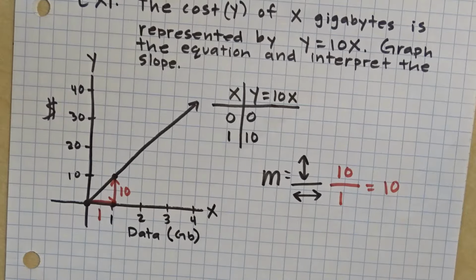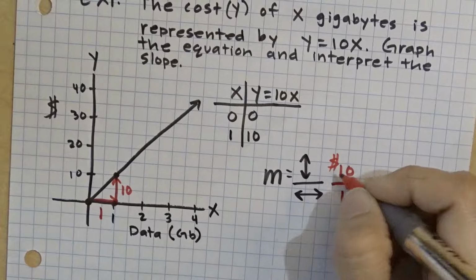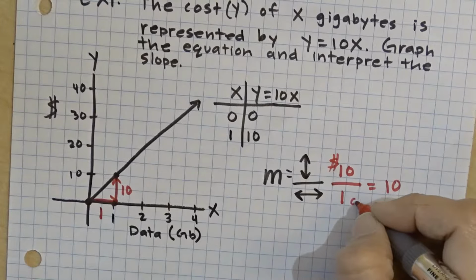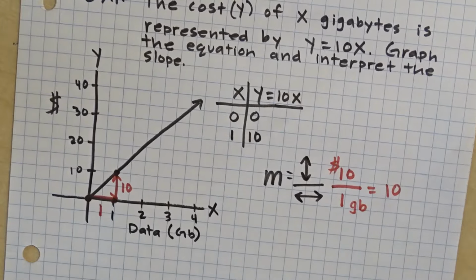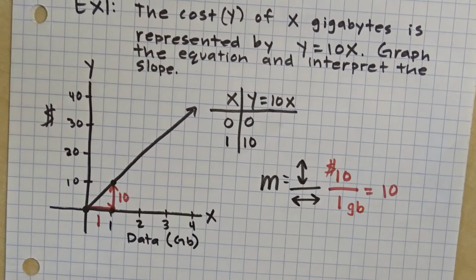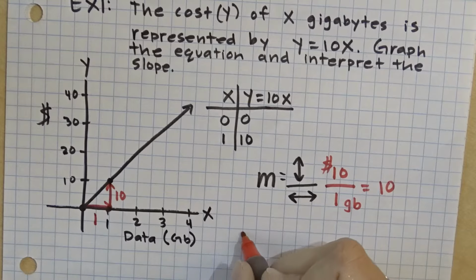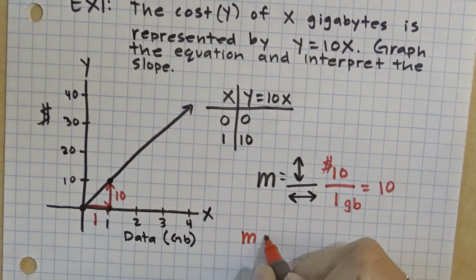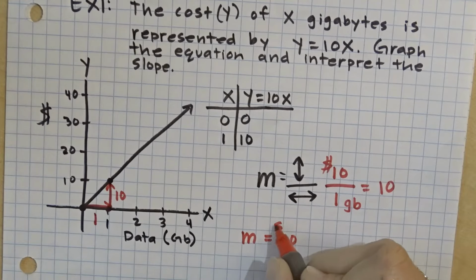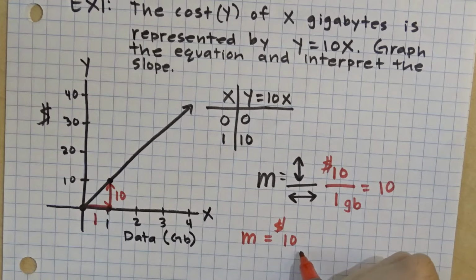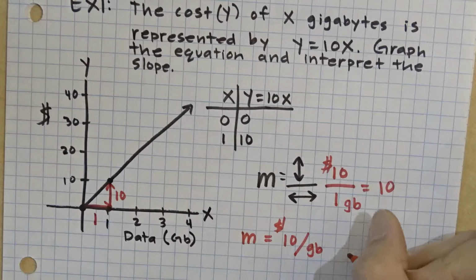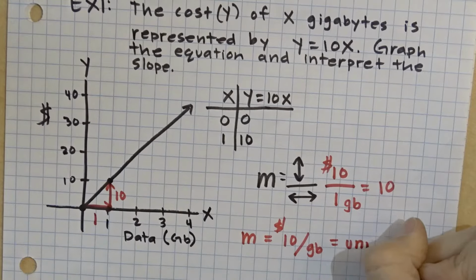Now if I put the units in, that really means $10 for 1 gigabyte. So what does the slope mean? It says right here, interpret the slope. So we're going to just say that the slope, $10 per gigabyte, actually is equal to the unit rate.